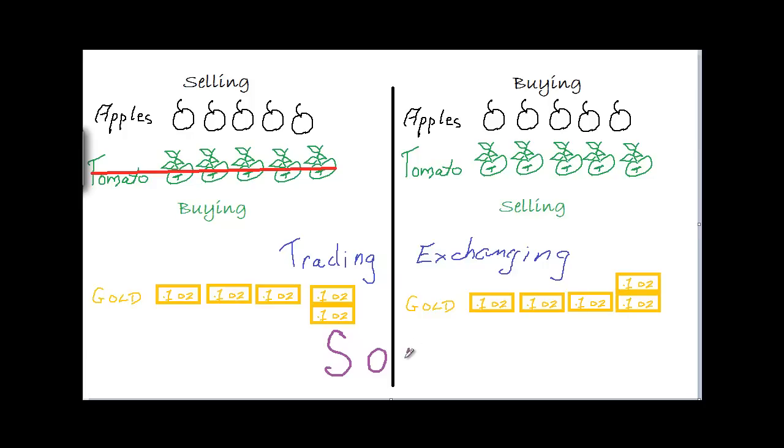In this case, I've sold 5 apples for 5 bars of gold, each one 1/10 of an ounce. So I've got half an ounce of gold in total for my 5 apples.